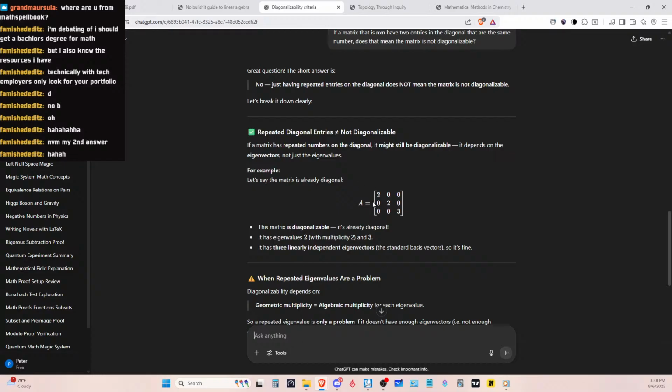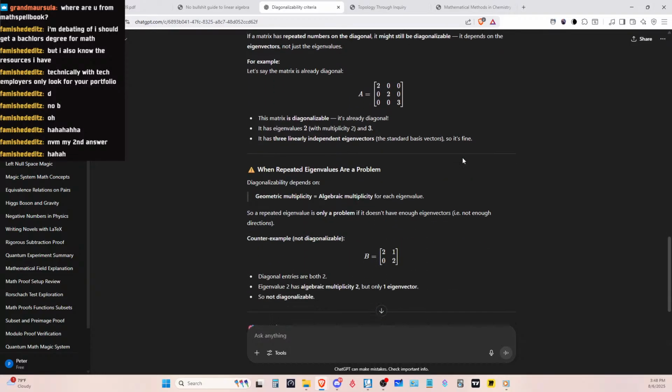Okay, that's a good example I was looking for. If a matrix repeats a number in a diagonal, it still might be diagonalizable. Okay. Depends on the eigenvectors and not just the values. This matrix is diagonalizable. Yeah, it's already structured this way.